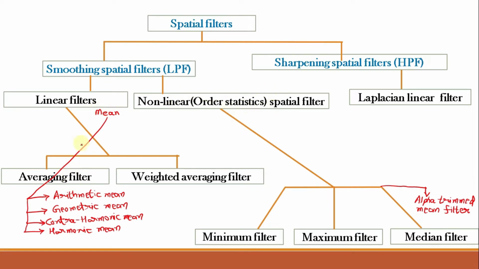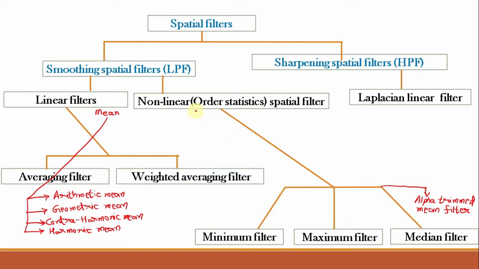These averaging filters are not the only ones that exist. Others also exist, such as geometric mean, contraharmonic mean and harmonic mean filters. The arithmetic mean filter is nothing but the averaging filter, and the weighted averaging filter is one in which the weights of the mask are not the same, but different for different elements.